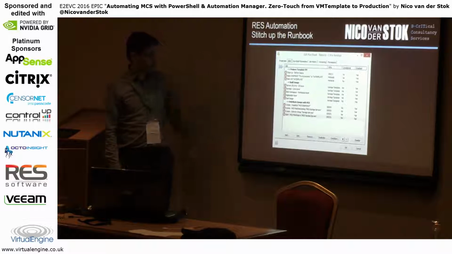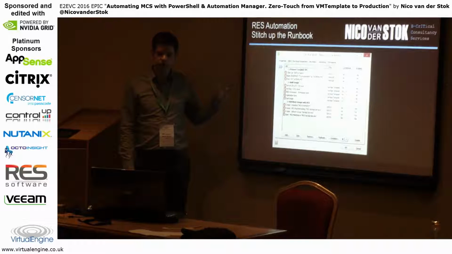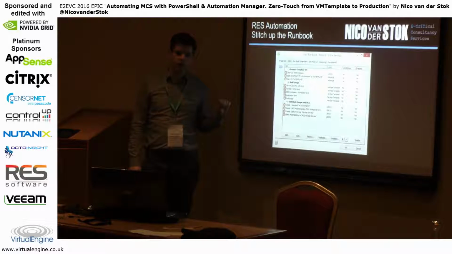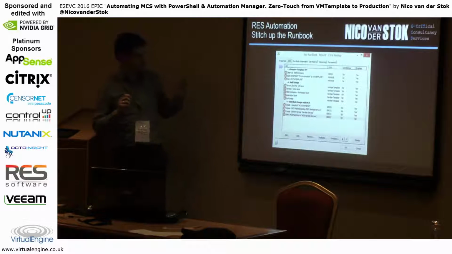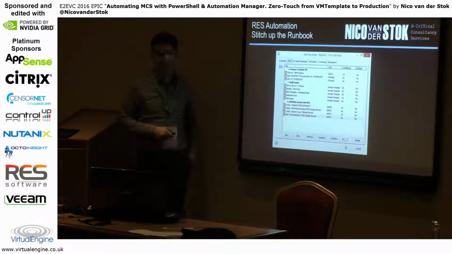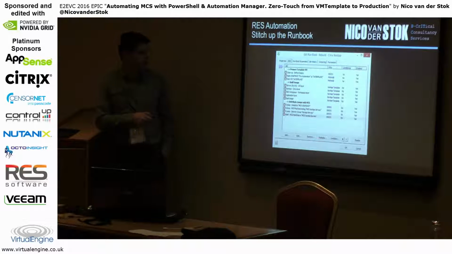This is the runbook, and I'm going to show you the video. It takes 2 minutes, so I'm going to get it as quickly as possible. But what it does, firstly, it refers to Snapshot. It starts up the template machine.